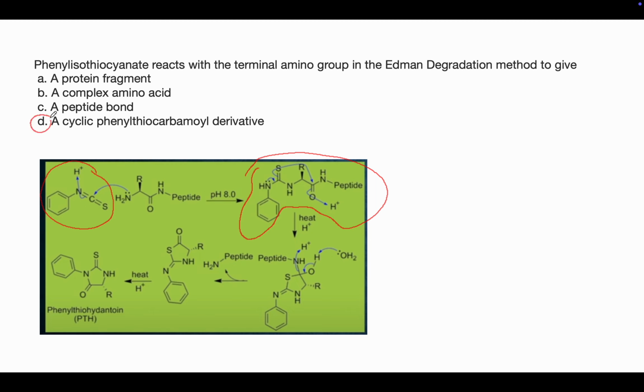So the correct answer is D. Finally, this derivative will get hydrolyzed and the peptide will be released, and we'll have this PTH. This compound will give yellow color, so they will estimate this in order after Edman degradation.